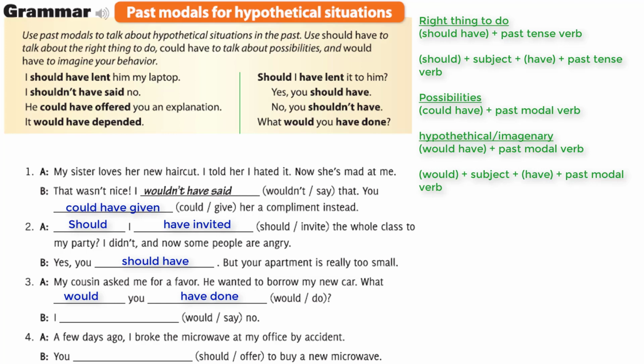So it's going to be, I would have said no. Number 4. A few days ago, I broke the microwave at my office by accident. It's going to be, you should have offered to buy a new microwave. So all we do here is add the word have and change the word offer to offered.